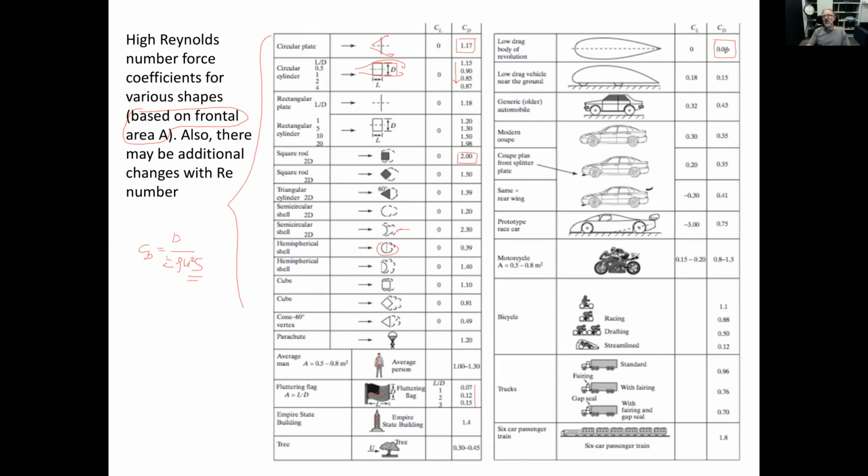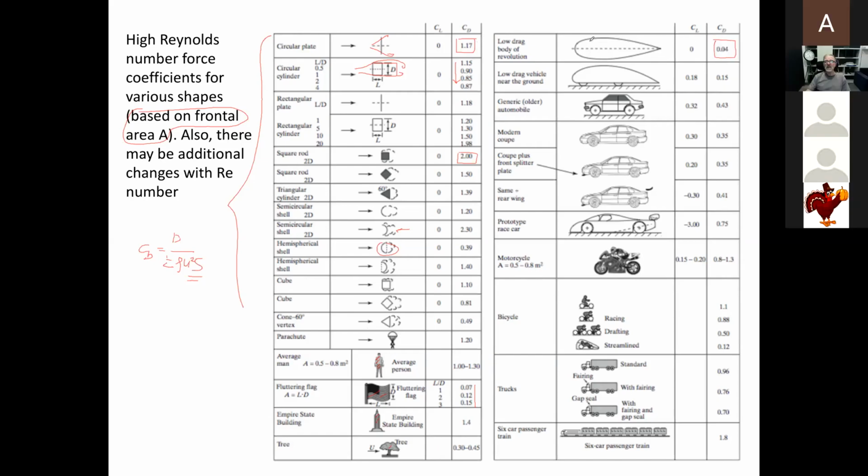So it's a 30 times difference between a streamlined shape, where most of the drag is skin friction, and something somewhere here, like the cylinder, where it's 30, 40 times more drag. So that is this story.